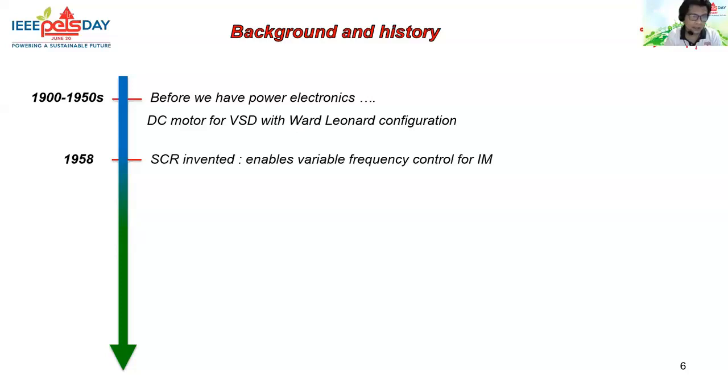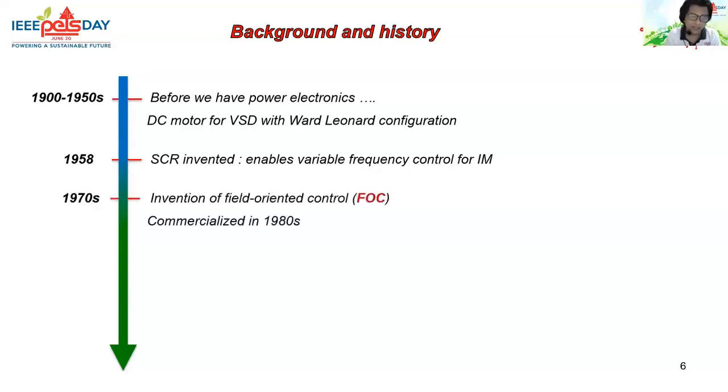And then the SCR was invented around 1958, which changed the whole thing, because the inverter was later invented, in which a variable frequency and variable voltage supply became available, which can be used to directly control the AC motor instead of achieving it using the DC motor.